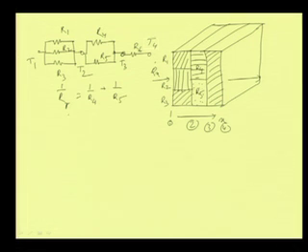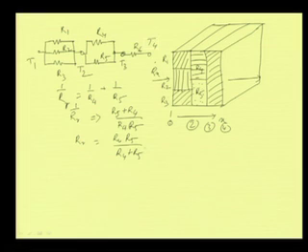From there we can find out what is R. So, 1 by R is equal to (R5 plus R4) by R4 R5, then the resultant R is equal to R4 R5 by (R4 plus R5). This is the resultant resistance. Similarly, we can find out the resultant resistance for this case also, in the similar manner.